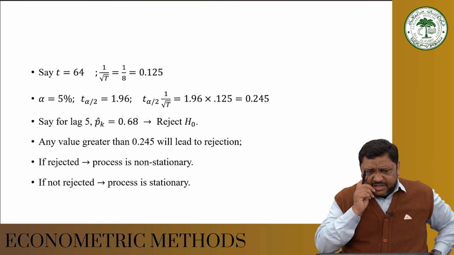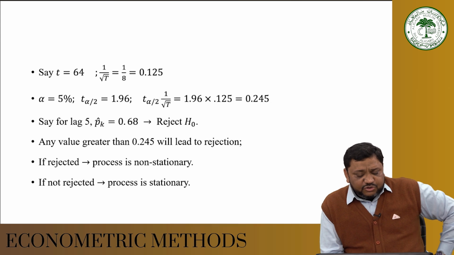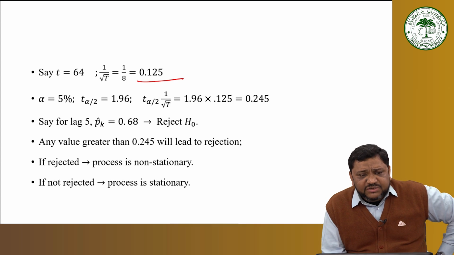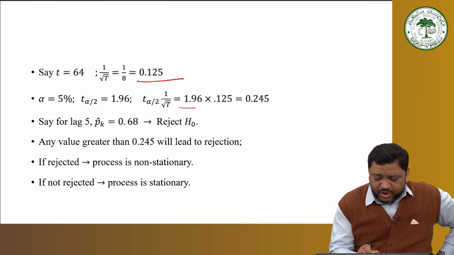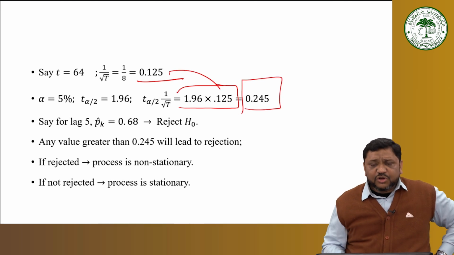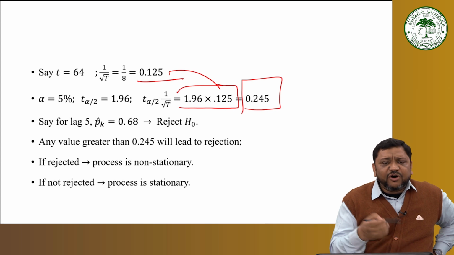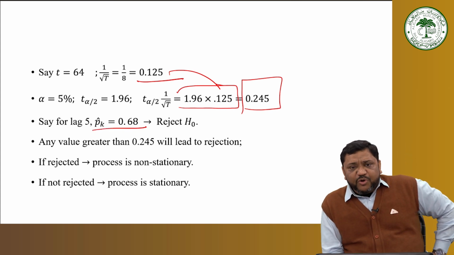We explain it with the help of an example. Say T is equal to 64, so 1 upon under root T is equal to 1 upon 8, so this is equal to 0.125. Alpha is 5%, so it is 1.96. So 1.96 multiplied by 0.125 is equal to 0.245. Now say we take lag 5, and rho k is equal to 0.68.